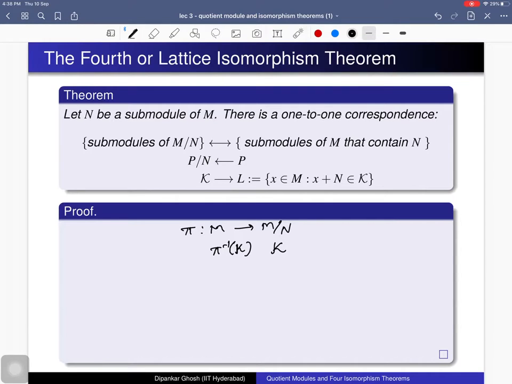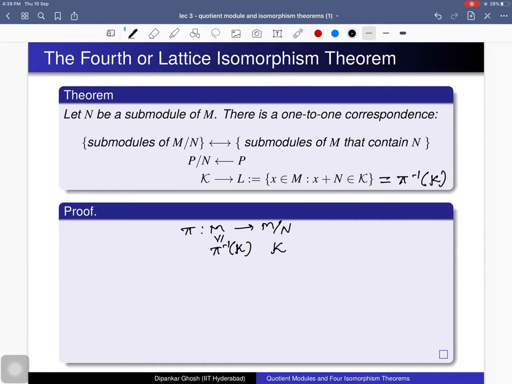Then this will be a submodule of M. So it is pi inverse of K. The inverse image of any submodule is a submodule of the domain.